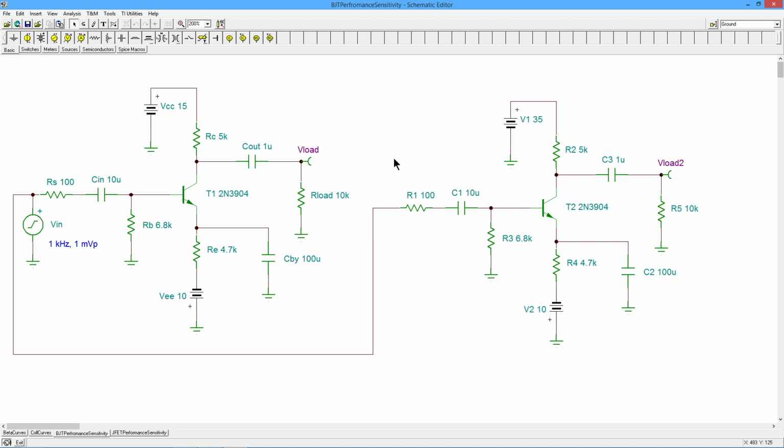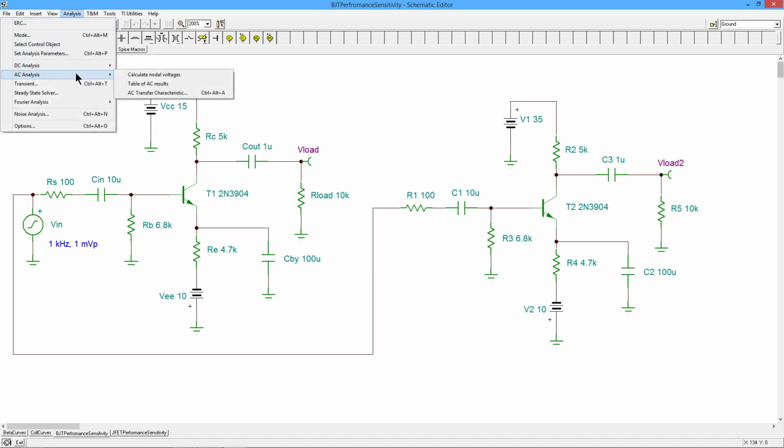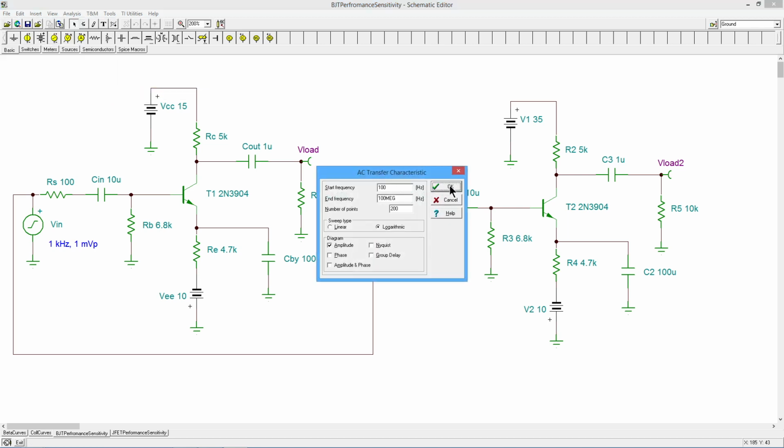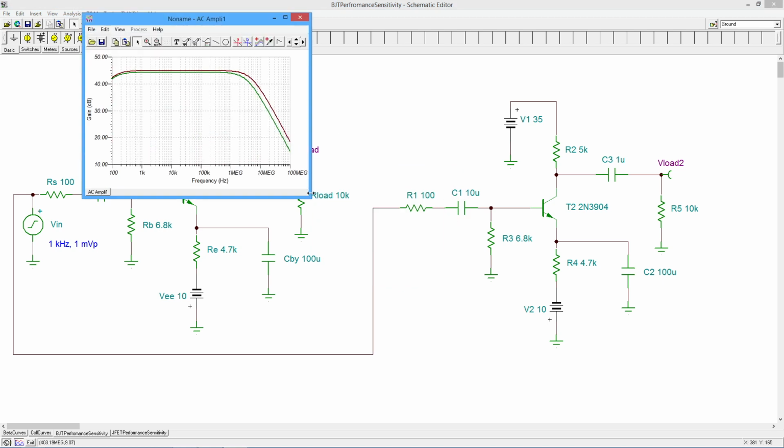Well, let's go and see what's really happening here. Because we have a constant signal input, I'm just going to do an AC analysis of the amplifier itself and see what we get. Since I have the two outputs, VLoad 1 and VLoad 2, we'll do a frequency response plot.